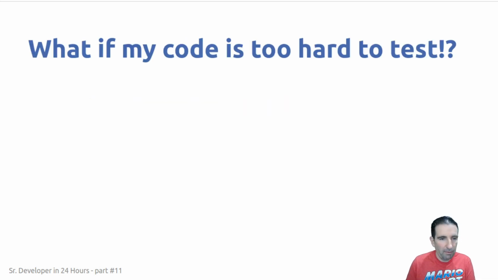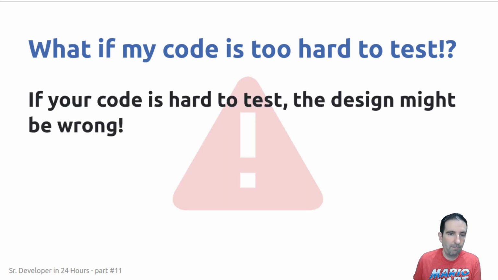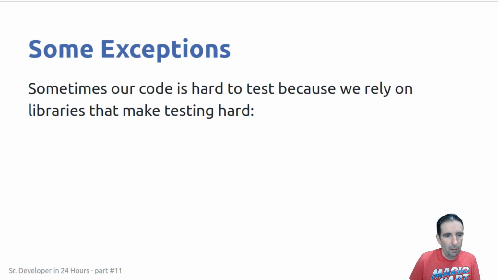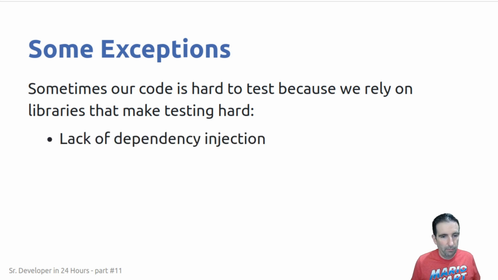Now, having said that, what if my code, overall, is too hard to test? Well, if your code is too hard to test, it might be a very clear indication that the design might be wrong. Sometimes our code is hard to test because we also rely on third-party libraries that make testing hard.